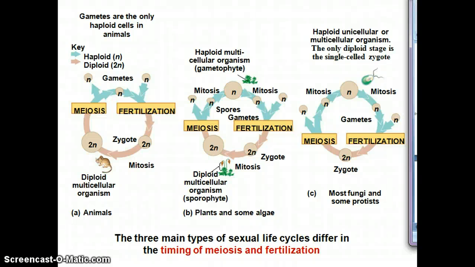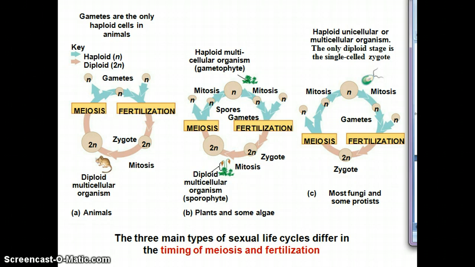So this is part 3 of chapter 13 on meiosis, and we left off talking about the three main types of sexual life cycles. The third type is what most fungi and some protists use, and in this case gametes fuse to form a zygote, which is the only diploid phase.